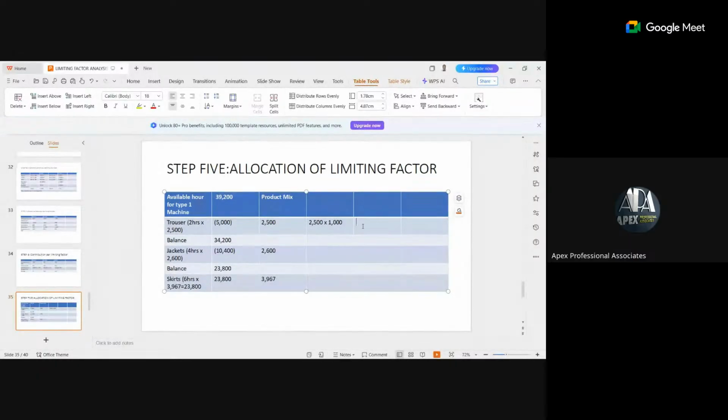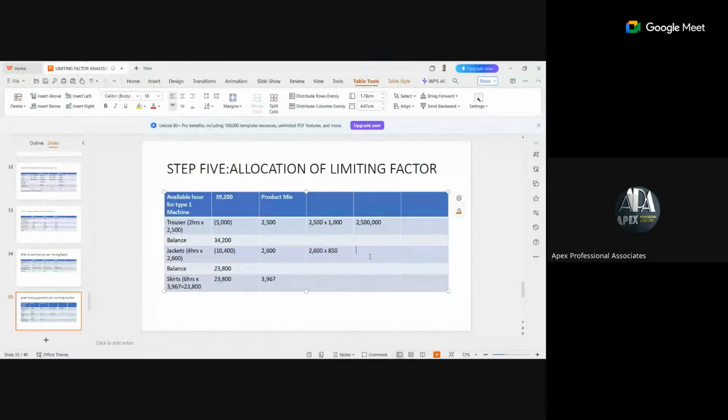You understand? Which will be 2,500,000. Now, for jackets, we can produce 2,600. The contribution there is 850.